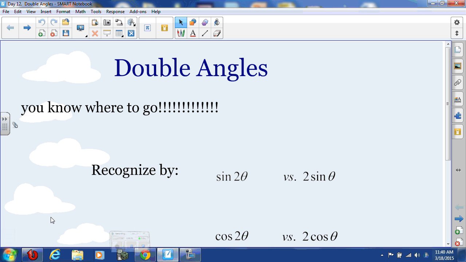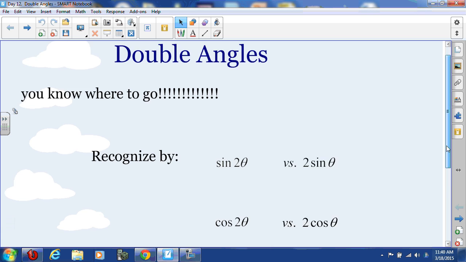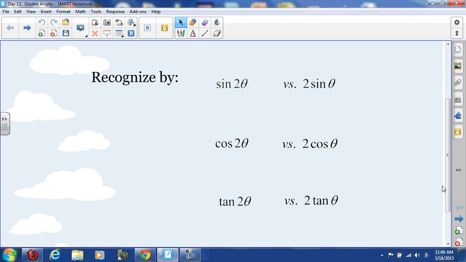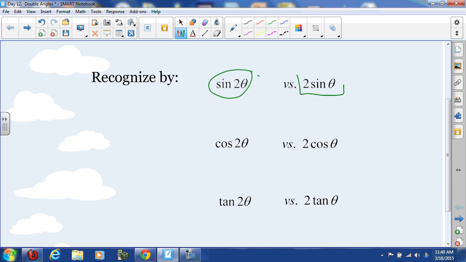Okay, so we've got double angles on our formula sheet. How do we recognize a double angle? Here, sine 2 theta, 2 times the angle, so it's a double angle, versus 2 times sine theta. This is a single angle, theta.